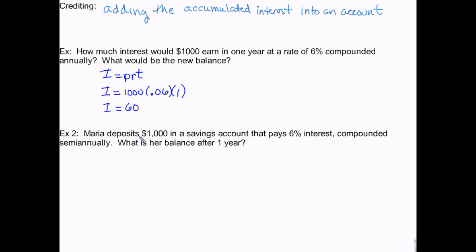Now here we have $1,000 in a savings account that pays 6% interest compounded semi-annually. So we're going to have compounding that happens twice. Okay, so we have the first and then we'll have the second. On the first, she puts in her $1,000 and it's at 6% interest, but we're at 6 months, which is the same thing as 1/2.